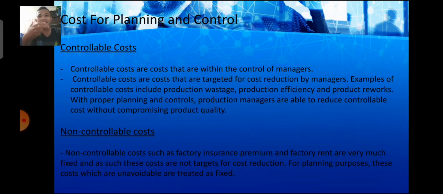For my further explanation, we read the points first. Controllable costs are costs that are within the control of the manager. Controllable costs are costs that are targeted for cost reduction by the manager. Examples of controllable costs include production wastage, production efficiency, and production reworks. With proper planning and control, production managers are able to reduce controllable costs without compromising product quality.